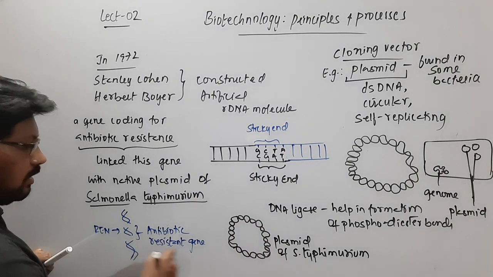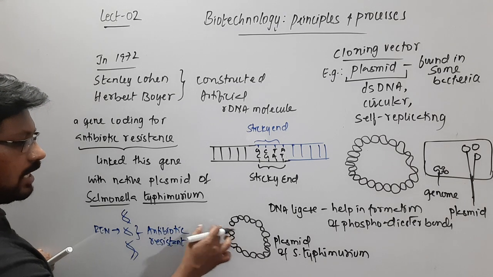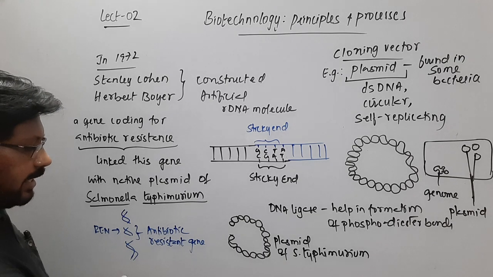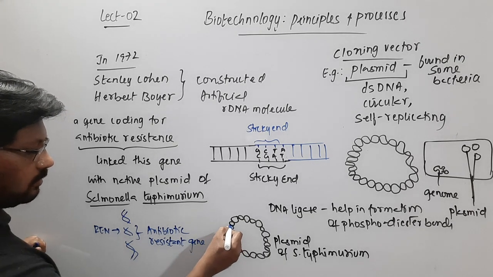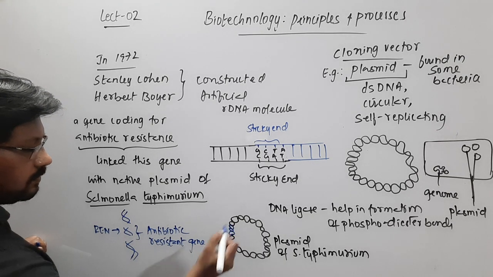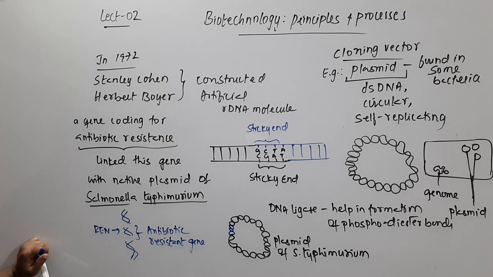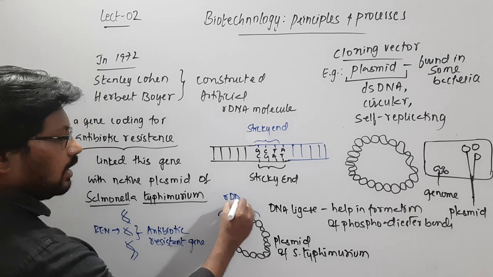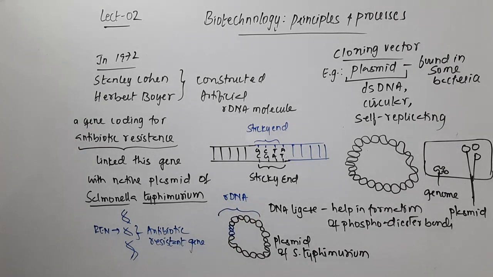So I'm going to use the same one, and then insert this antibiotic resistance gene here. Then this is what I call the rDNA molecule, right? Is that clear?